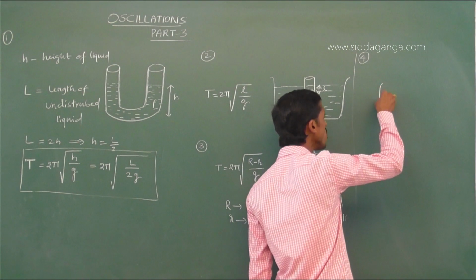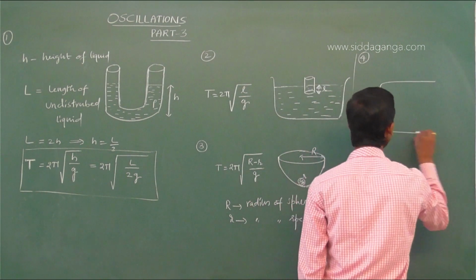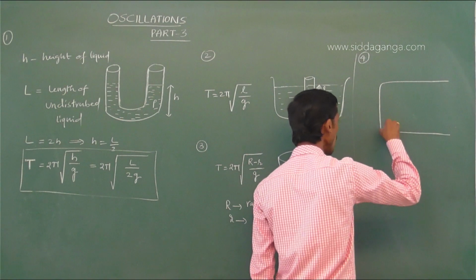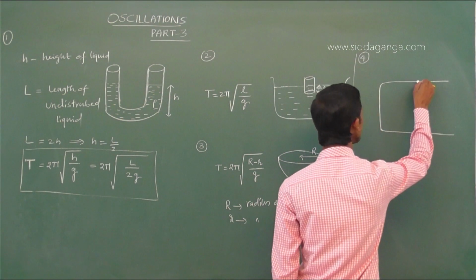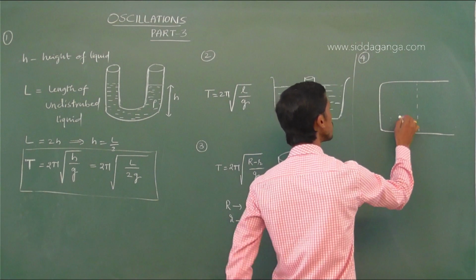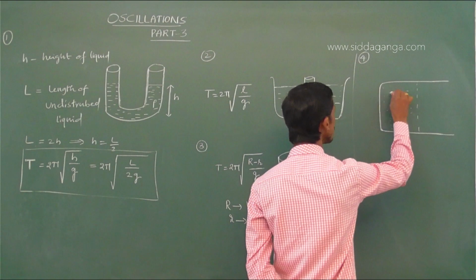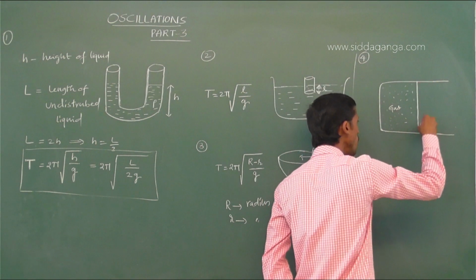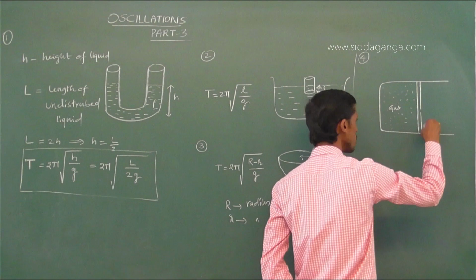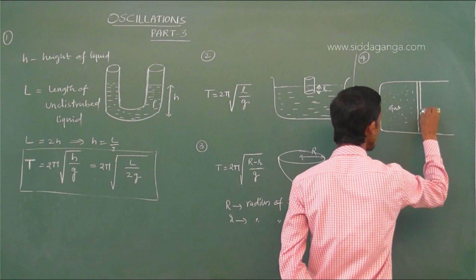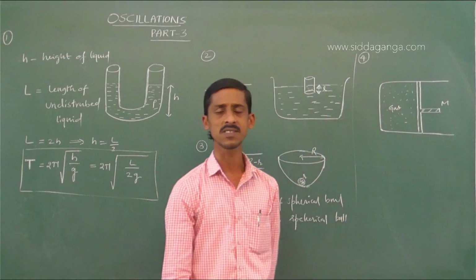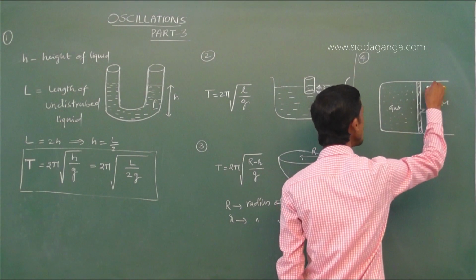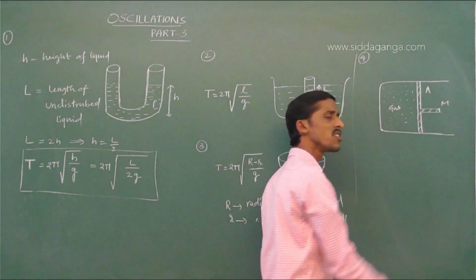If a certain amount of gas is taken in a cylindrical vessel, the gas is confined in the cylinder, and the cylinder is fitted with a piston of some mass, let us say capital M. Capital M is the mass of the piston, and A is the area of cross section.